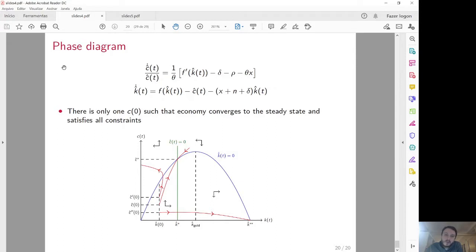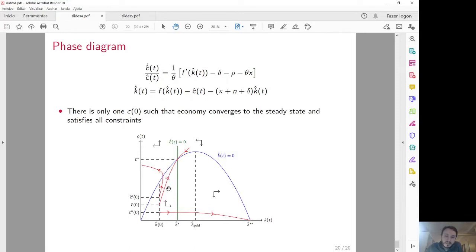We used a tool called the phase diagram to understand a little bit more about capital and consumption in the model, and we got to this graph. In this graph, we have capital on the horizontal axis and consumption on the vertical axis. So each point in this graph represents a pair of capital and consumption.